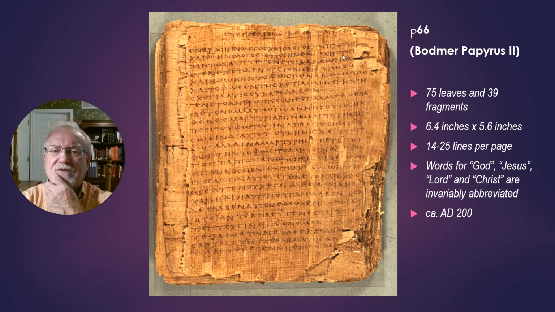And another rather interesting feature of these kind of early manuscripts is that very often, in fact, in most cases, they are going to abbreviate divine names, such as the word for God or the word for Jesus, and usually with a little line over the top. So if you look at this text, you're going to see, for instance, look at the second line, the fourth and fifth letters. You're going to see a Greek theta and then a Greek sigma.